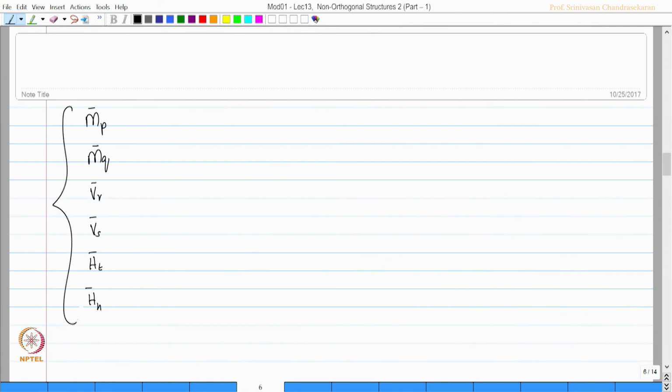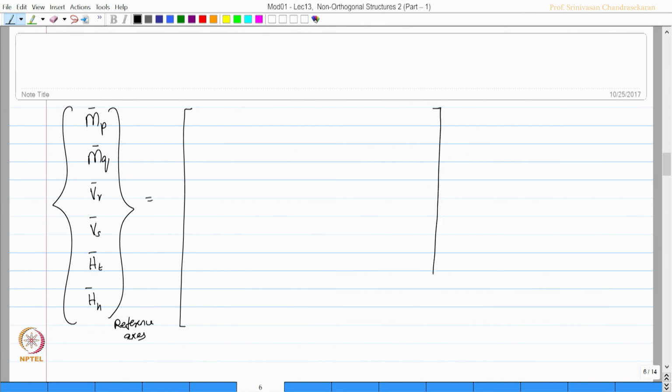So, all these are displacements along the reference axis. Okay. This is reference axis. This should be equal to some transformation matrix and connect this to the local axis.